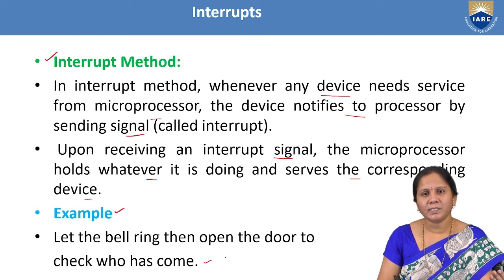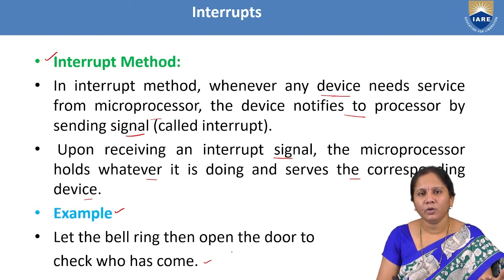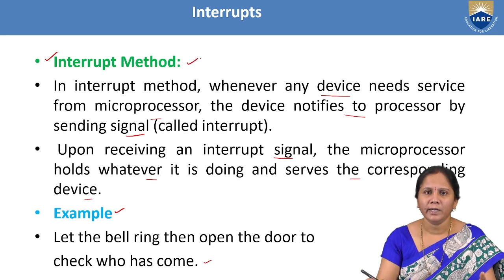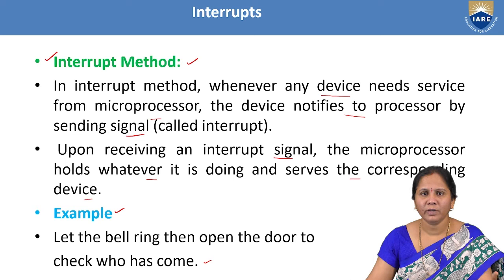So the person inside the house will be doing his own work. Whenever the bell rings, they will go open the door, see who has come and service them. So this is the main advantage of the interrupt method: efficient utilization of a microprocessor.